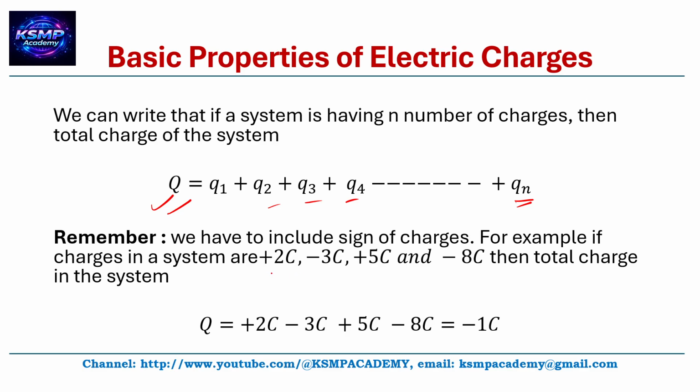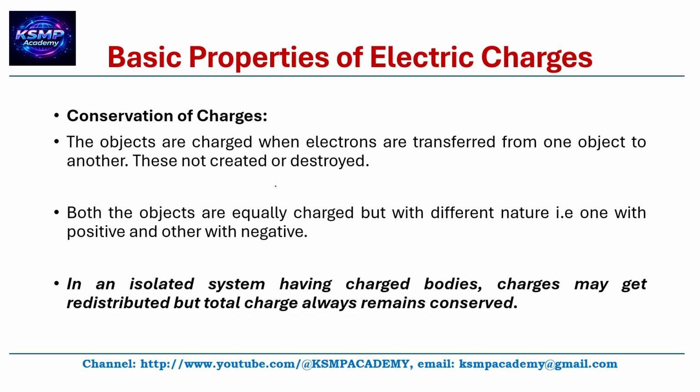Suppose a system has charges of plus 2 coulomb, minus 3, plus 5 C and minus 8 C. Then the total charge will be the algebraic sum, and the total charge in the system comes out to be minus 1 coulomb. So we have to add these charges using algebra.